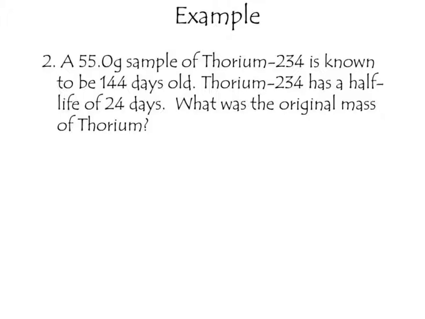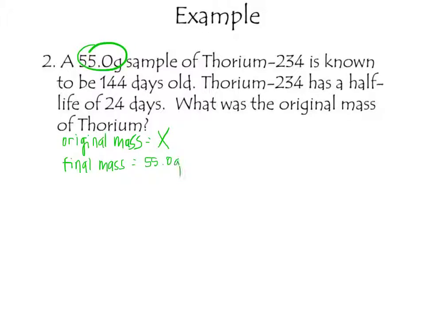So first and foremost, let's go ahead and write all the known variables and unknown and what we're looking for. Since we're looking for the original mass, I'm going to go ahead and write X since we don't know it. That's our unknown. And our final mass is 55.0 grams.